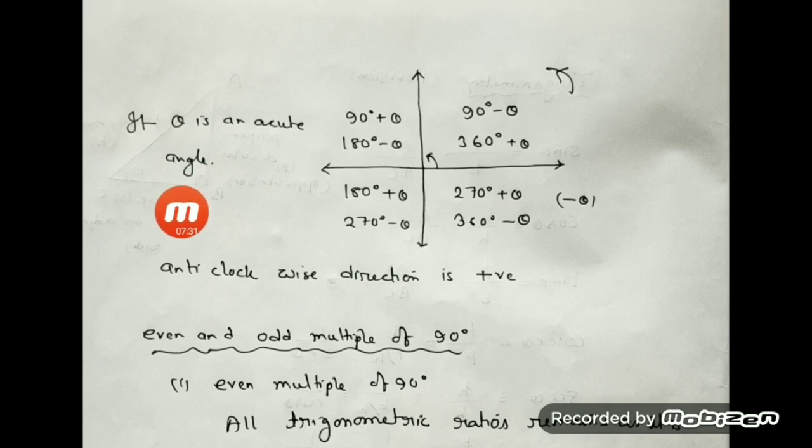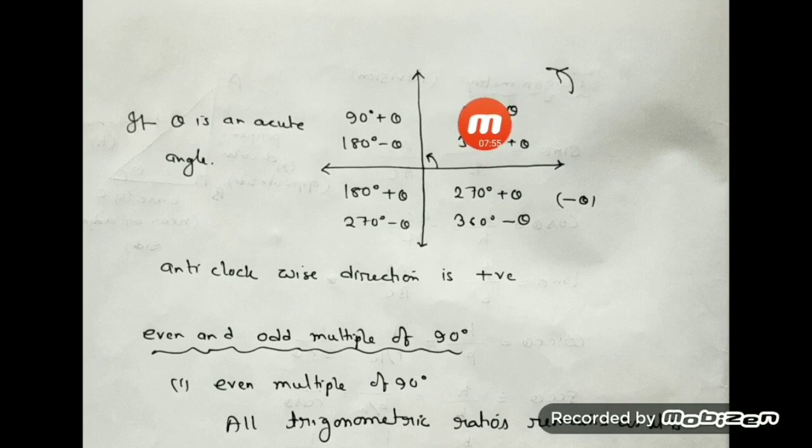Yes, it is less than 90 degree. So if theta is an acute angle, this is your initial line, OX is your initial line. So you have to start with this. Measure the angle from this line, OX. I forgot to give x-axis and y-axis here. So here this is your OX. So if theta is an acute angle, theta will lie in the first quadrant.